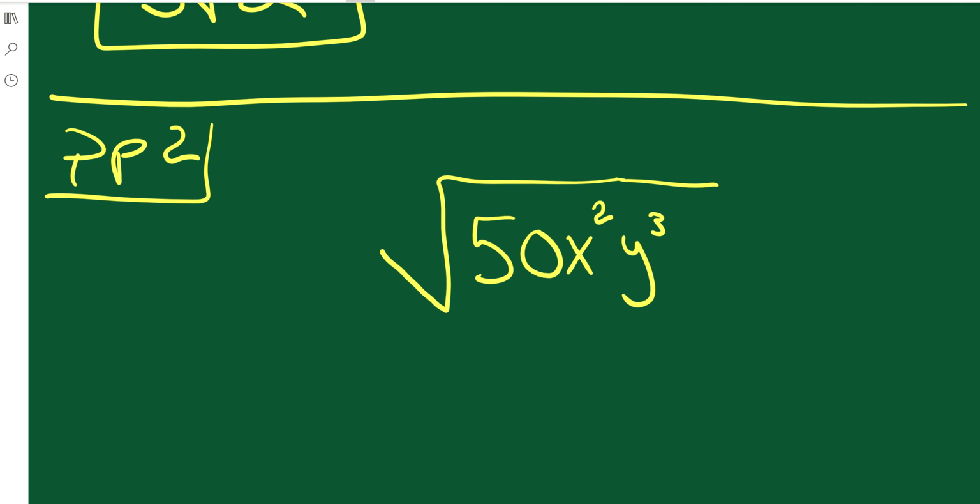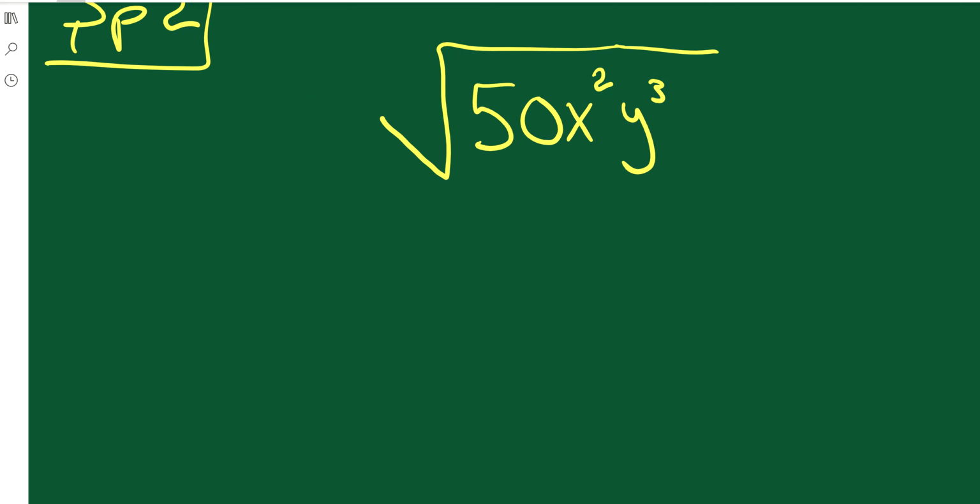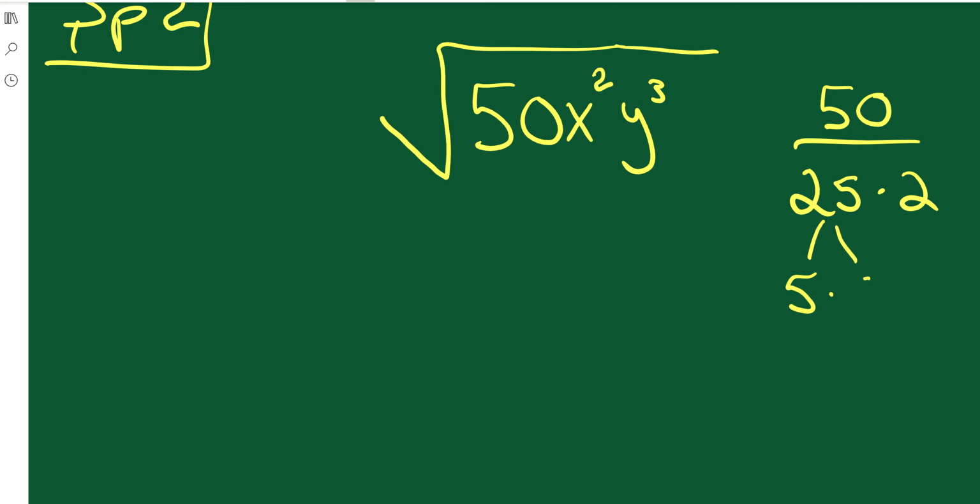Again, I'm just going to blow up this whole thing altogether. 50 is 25 times 2, and the 25 I can break down to be 5 times 5. So here are my prime numbers.